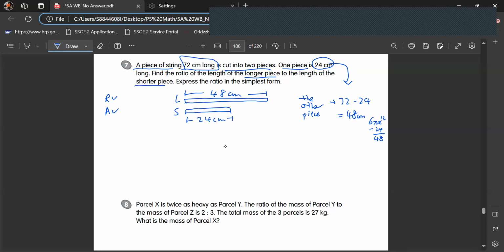Then the question asks here, find the ratio of the length of the longer piece to the length of the shorter piece. Okay, now I get it why your friends say it's easy, because you just need to find the other piece. And after that, you put the ratio longer to shorter, 48 is to 24. Then divide by 24 because you want simplest form.